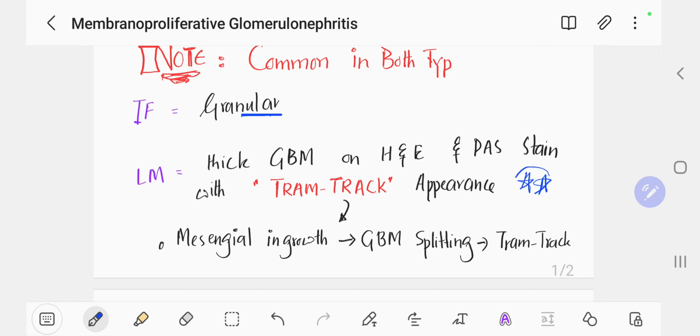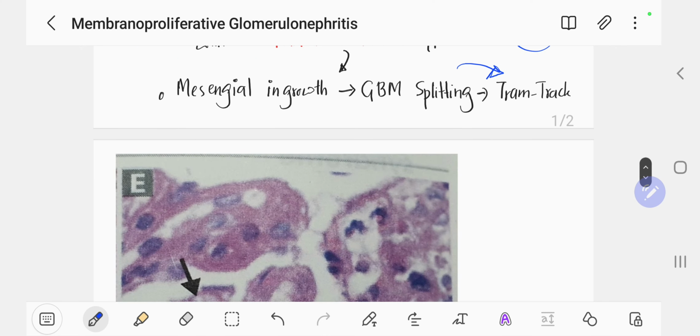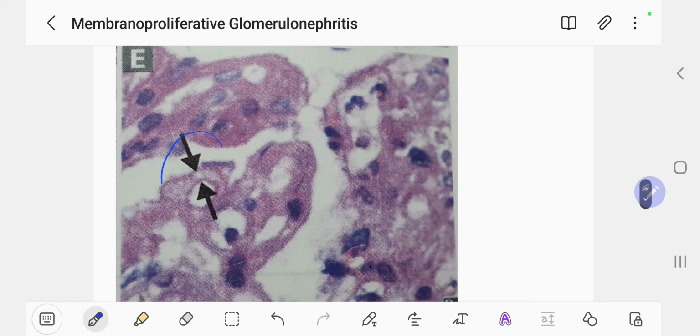What does tram and track mean? There is mesangial ingrowth toward the glomerular basement membrane, so it leads to glomerular basement membrane splitting. So when it splits, it looks like tram and track as shown in the picture. This is the tram and track appearance.